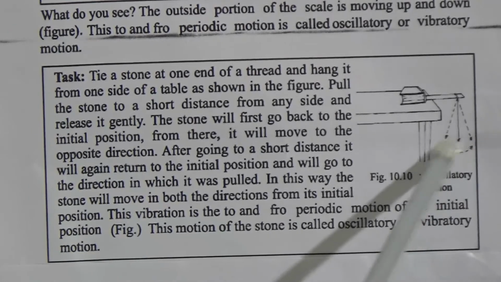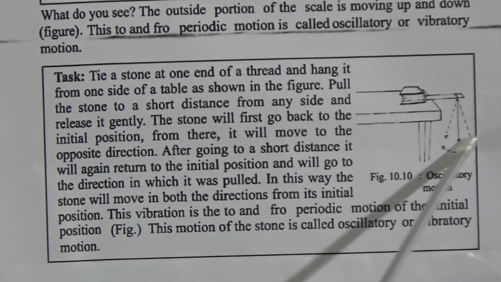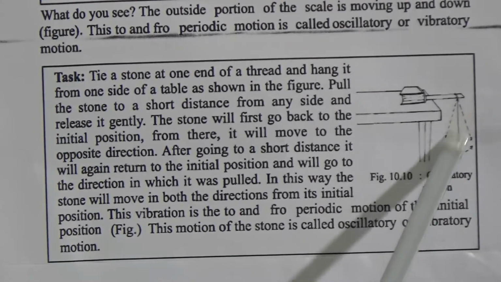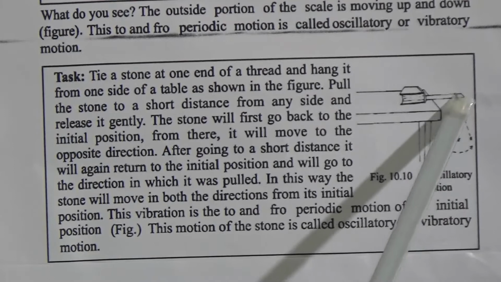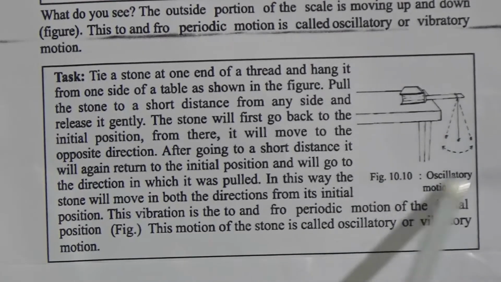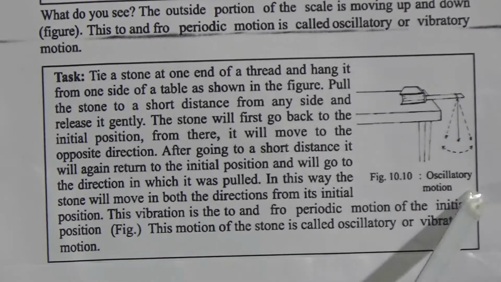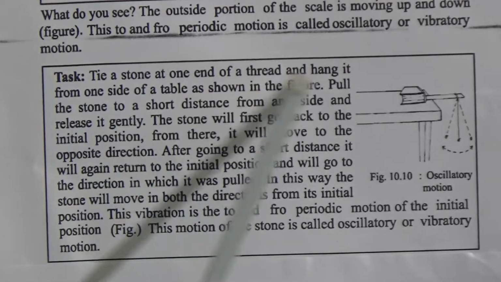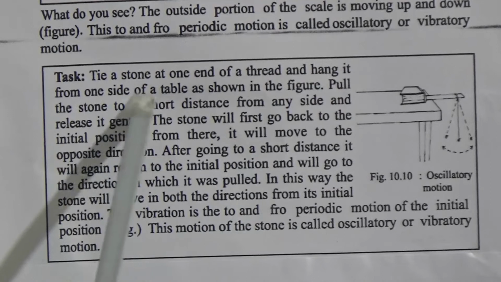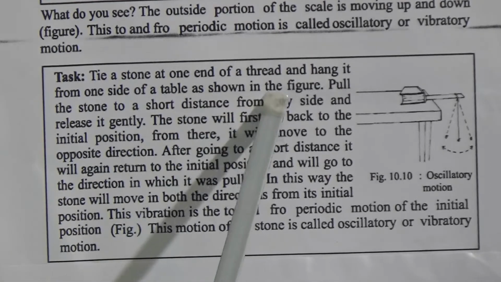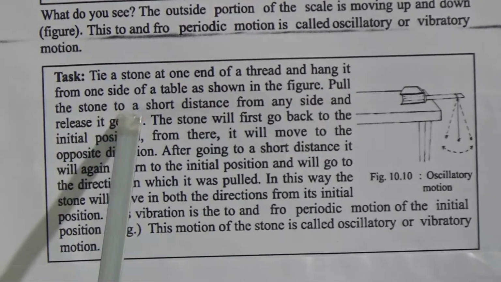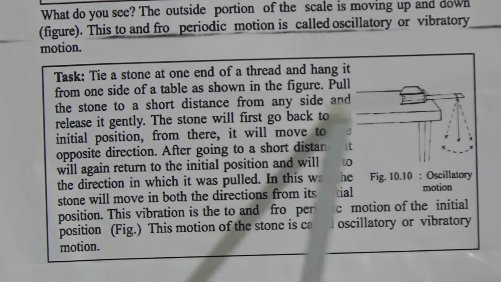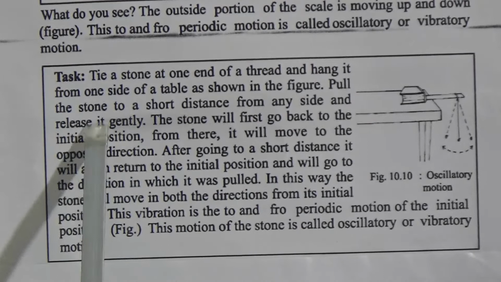Now we will use some plastic things for hanging it with the help of thread with the scale. Now we will show how the oscillatory motion occurs. Tie a stone at the end of the thread and hang it from one side of a table as shown in the picture. Pull the stone a short distance from any side and release it gently.